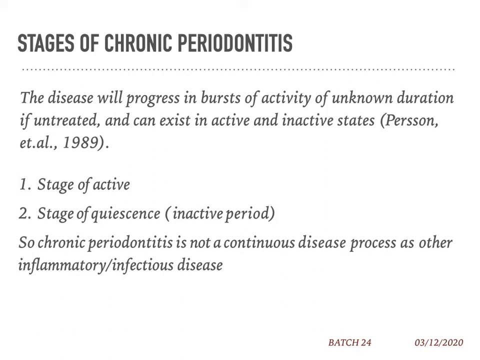That depends on the patient. It varies from patient to patient, site to site. It is not uniform in all the sites in the oral cavity, and it is not uniform for all the patients with chronic periodontitis. Some patients will have an active stage which is for a week. Some patients will have the activity for a month. So it cannot be predictable.